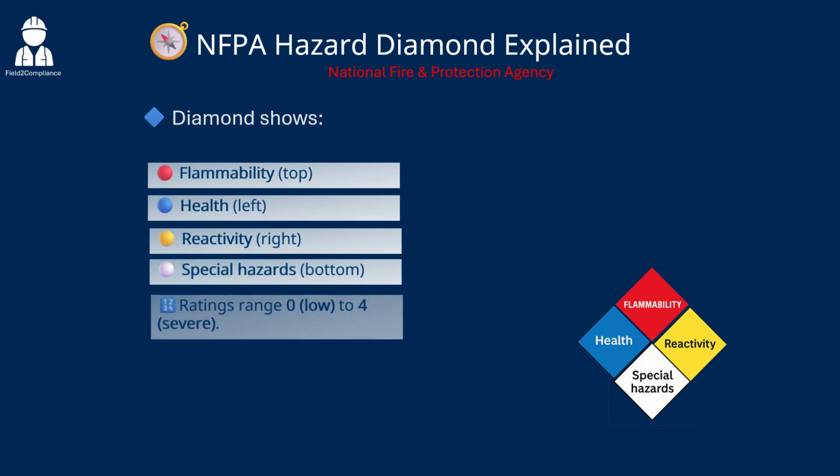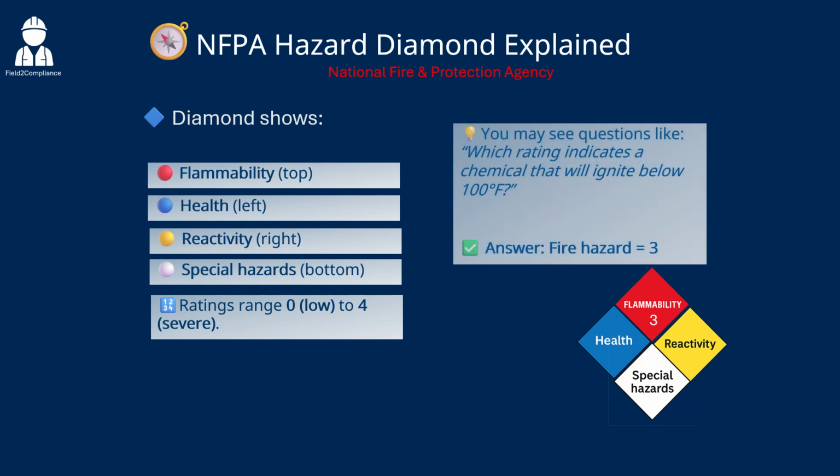The numbers go from 0 to 4. 0 is minimal risk. 4 means severe danger. For example, a flammability rating of 3 is a substance that can ignite below 100 degrees Fahrenheit. That's a common question on the OHST exam.